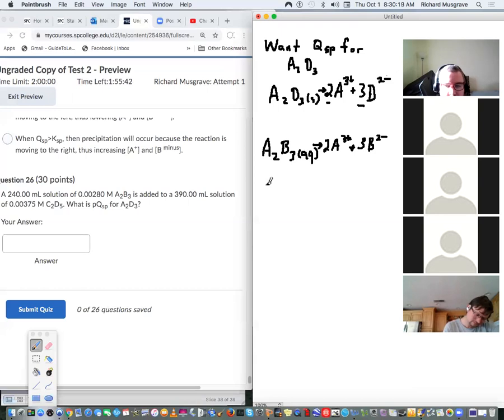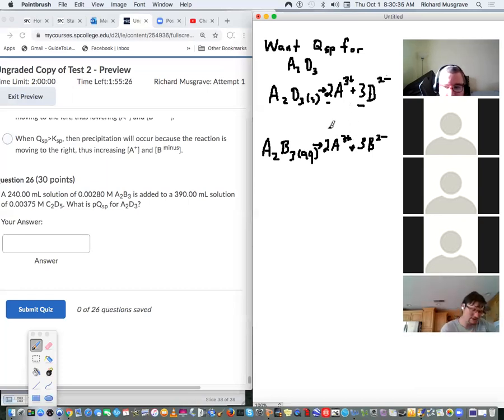So our first step then is to say, well, we've got 240.00 mLs of the A2B3, and I need to figure out the initial concentration of what are we interested in?